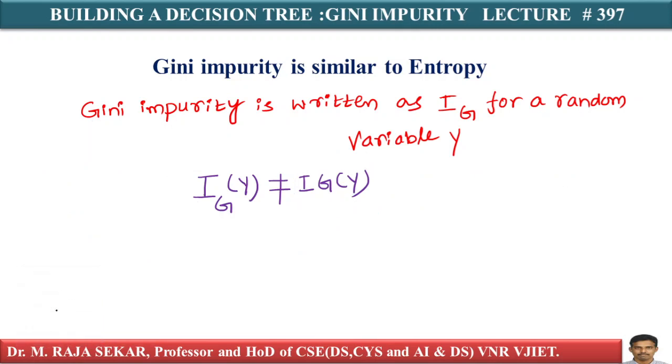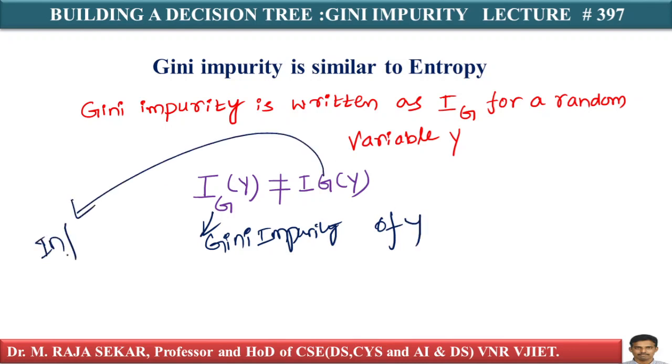Remember, don't get confused. I subscript g of y is Gini impurity of y, whereas this one is information gain.